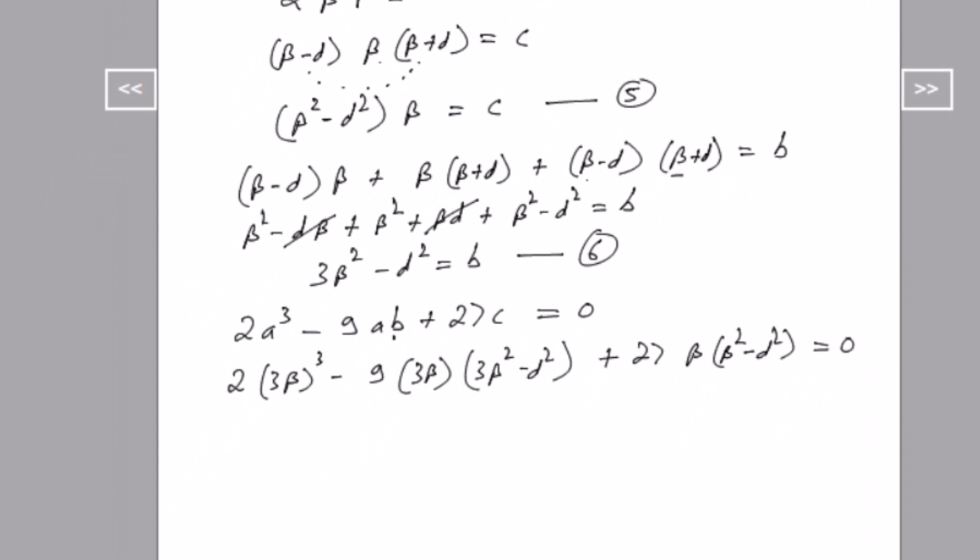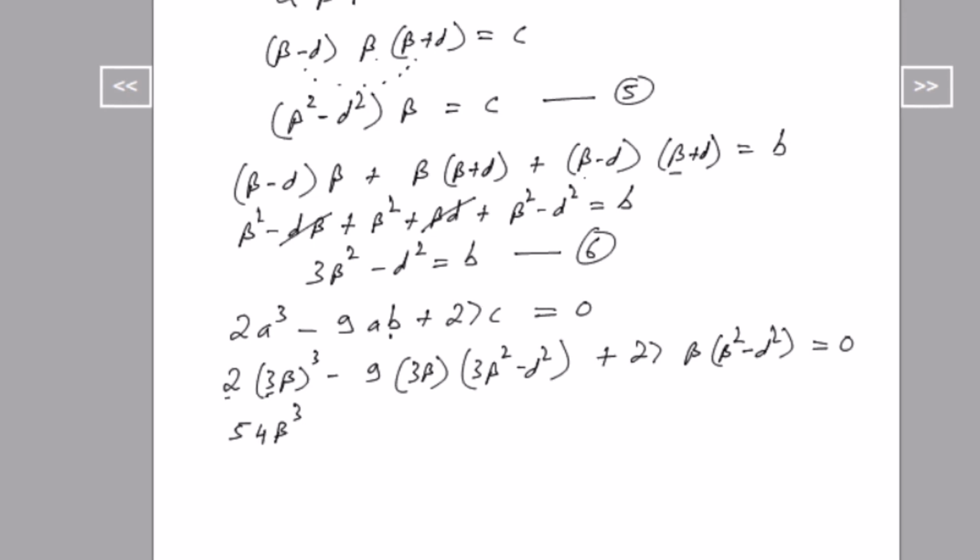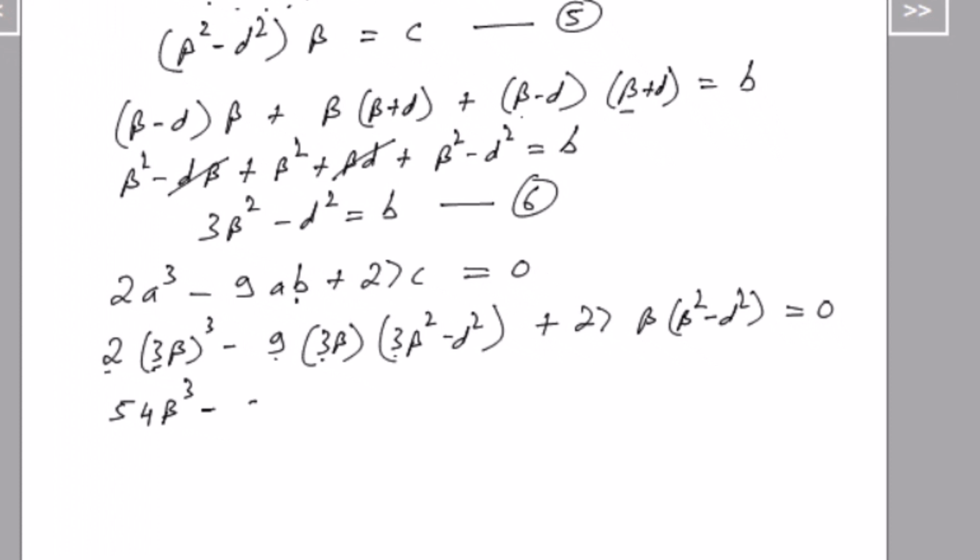So 3 cube is 27. 27 into 2 is 54. So 54 beta cube minus 9 3s are 27, 27 3s are 81. So 81, and beta into beta square is beta cube. Then minus into minus becomes plus. So 9 3s are 27, 27 beta d square.